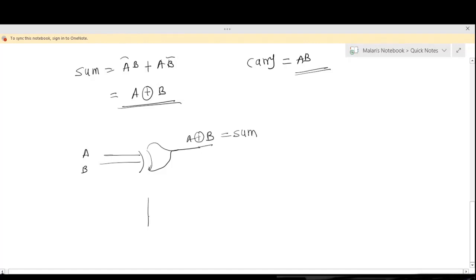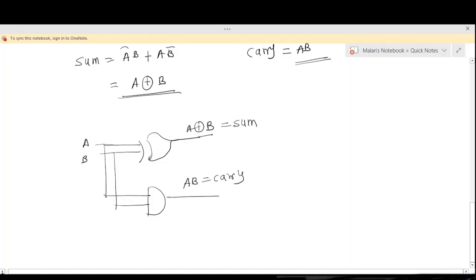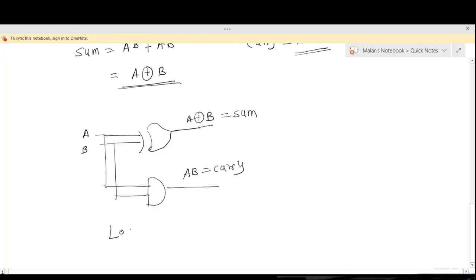For the carry, the inputs required are A and B. A I am giving as the first input, B as the second input. The output generated is AB, which is nothing but the carry. This is the logic diagram of the half adder. I hope you have all understood the concept of the half adder.